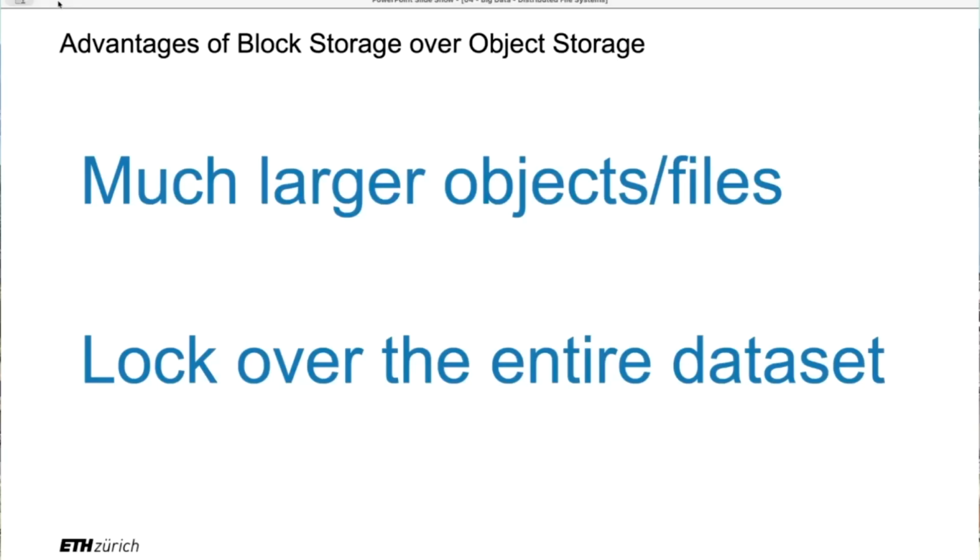It makes a difference because when you access the data set, that's called sharding. If it's sharded in smaller objects, you only lock one object at a time. You cannot lock the whole data set. But if your data set is a single huge 200 terabyte object in HDFS or in Azure Blob Storage, then you can be guaranteed that you're the only one to modify it at any time. So that is one benefit of block storage, a consequence of the first benefit of larger objects. For whom does that make sense?